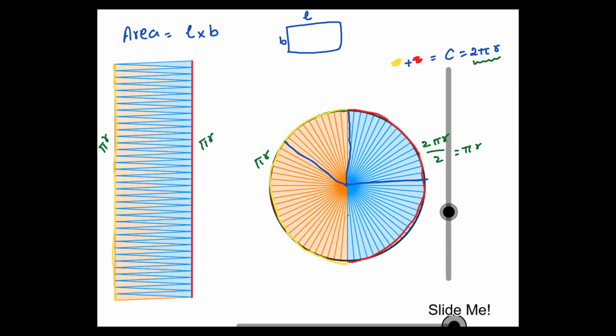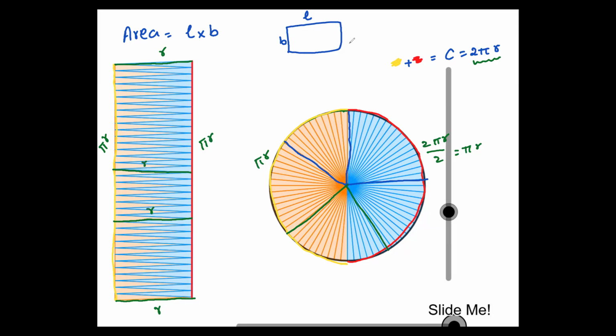What are these lines then? Any line, not portion. The radius. So this and this are also radius. All these inside are radii.